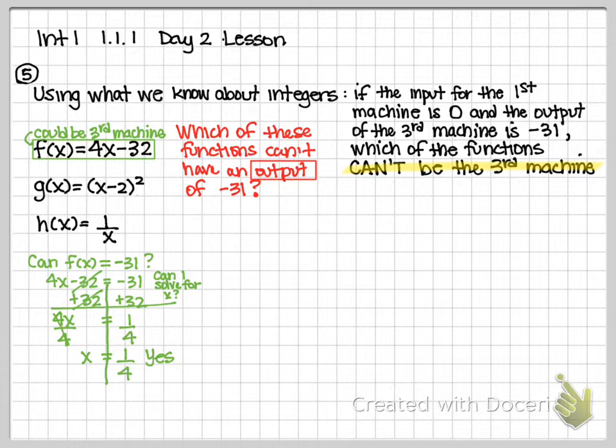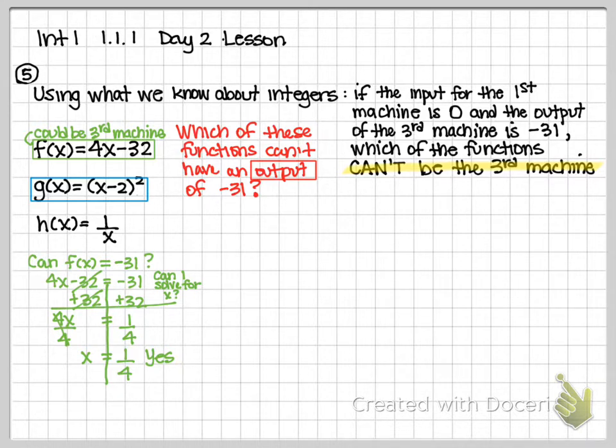So what we want to try to do is figure out if this is the case with all of them. So let's check the next one. I'm going to go ahead and put a box around that guy. Let's do blue this time. I'm going to take our g of x function, and we're going to ask ourselves the exact same question.